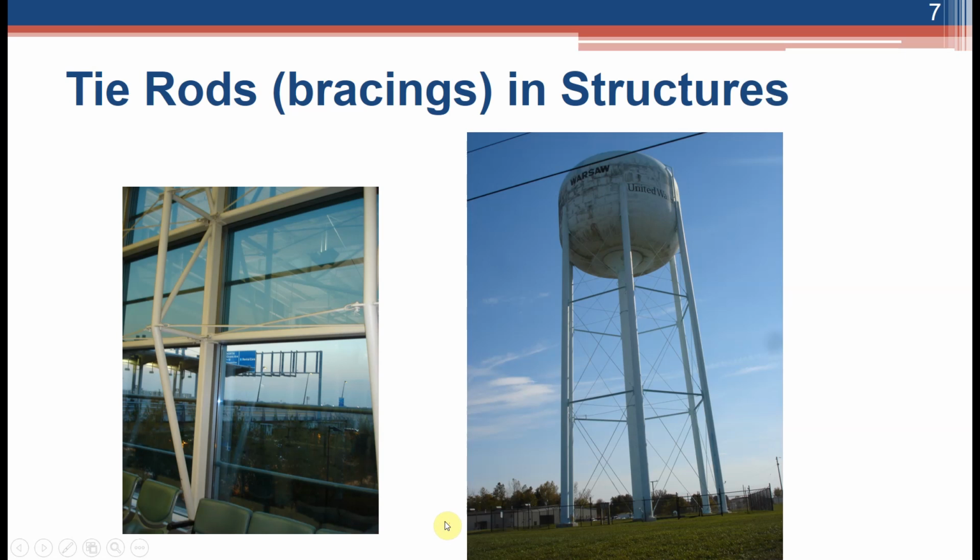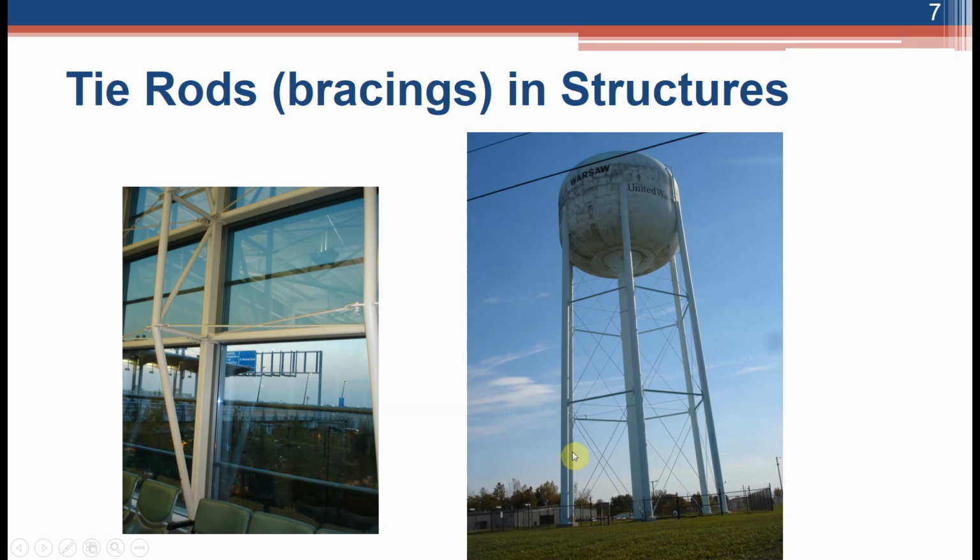Let us look at different photographs of tie rods in a structure. Here is a truss-like open web column, which is connected by means of cross tie rods. Similarly, this photograph is of an overhead water tank, where these vertical columns or posts are held together by means of these tie rods.